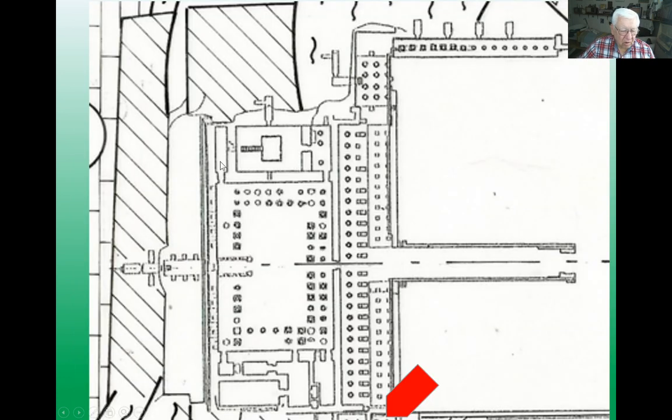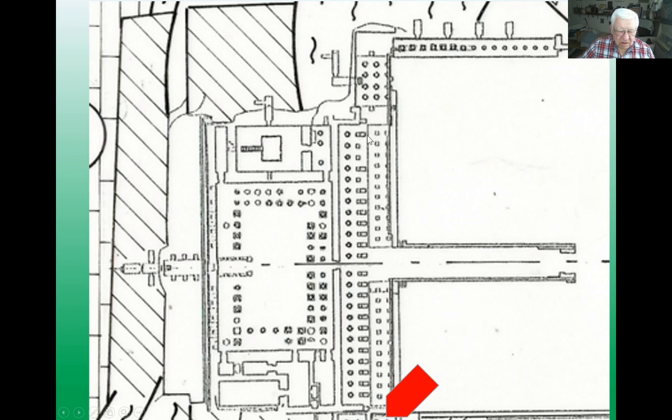And all this floor, this, let's say, third floor of the temple, was built on the layer of limestones intercalating Esna shales. They constitute the foundation.